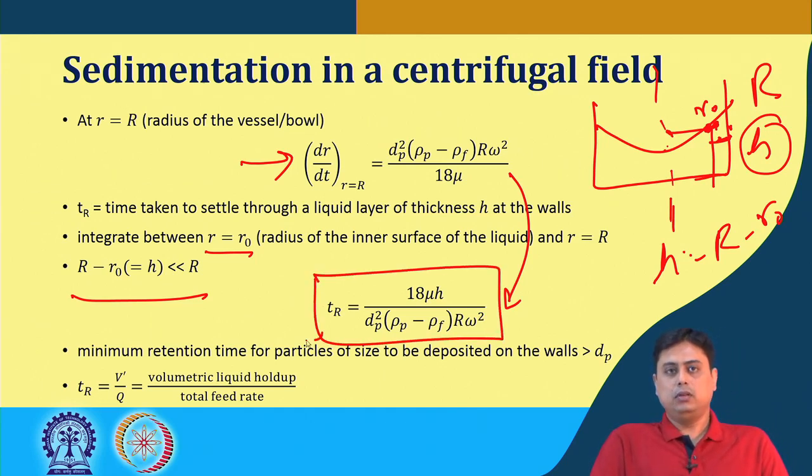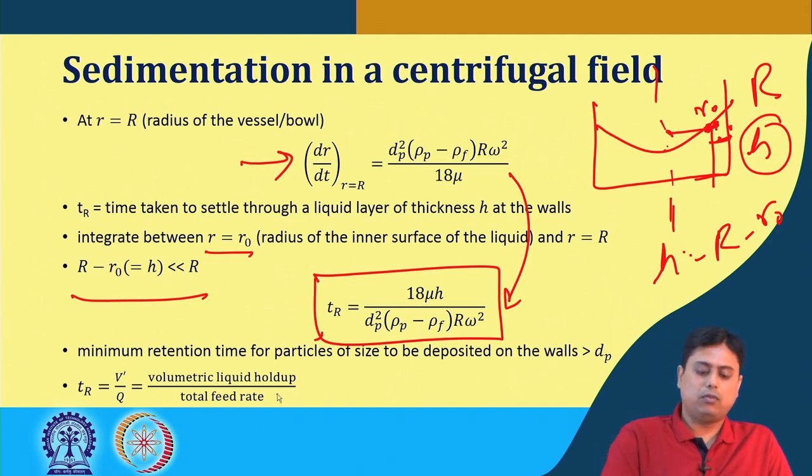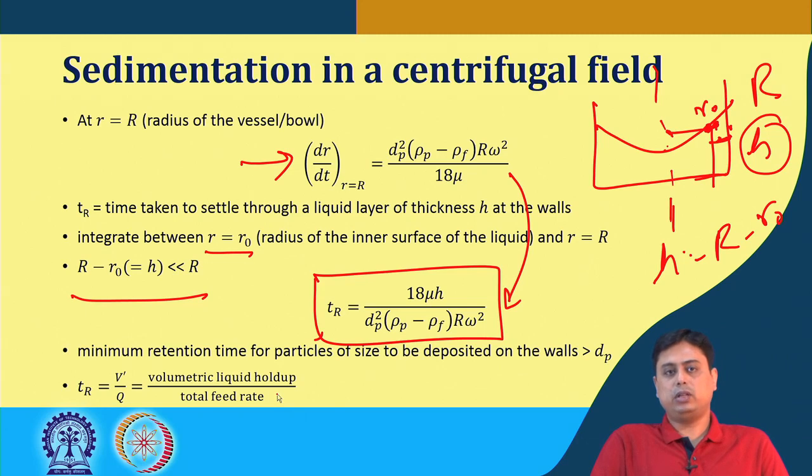So, this time we have derived is the time required for the particle to travel from the free surface of the liquid, the inner surface, to the wall. This can also be thought of as the minimum retention time of a particle of size greater than dp that is required to be deposited on the wall. And again, this retention time can be written in terms of the volumetric liquid hold up divided by the total flow rate.